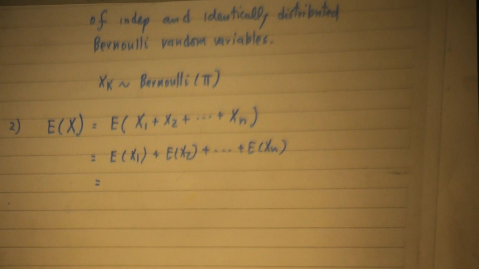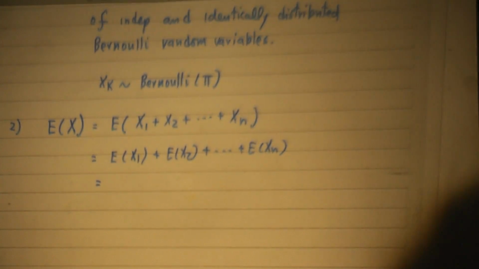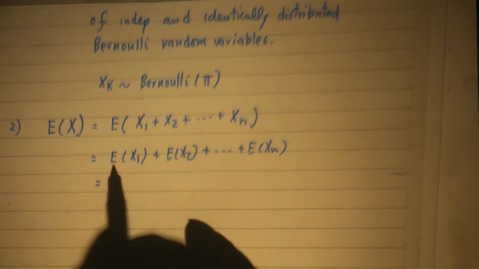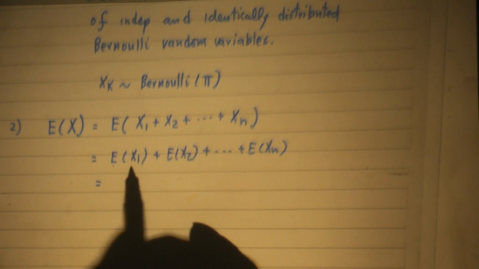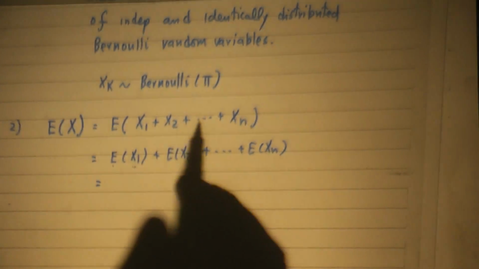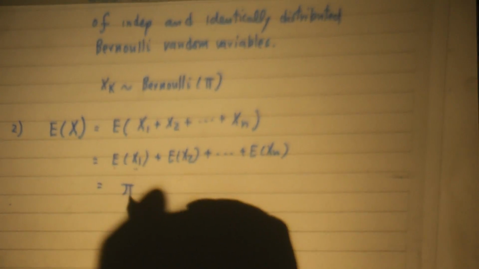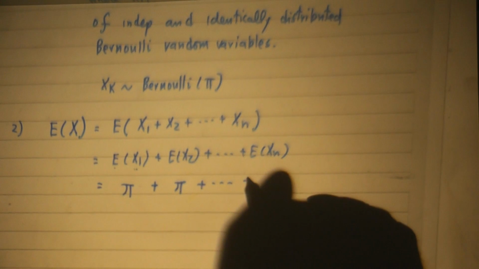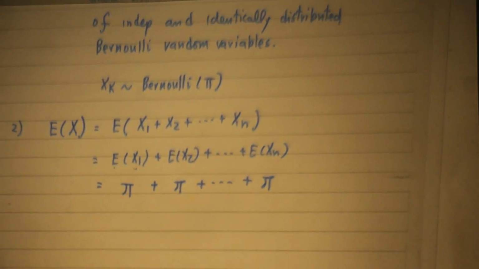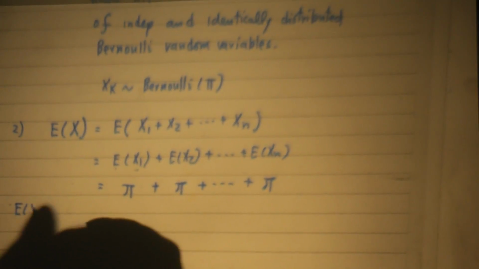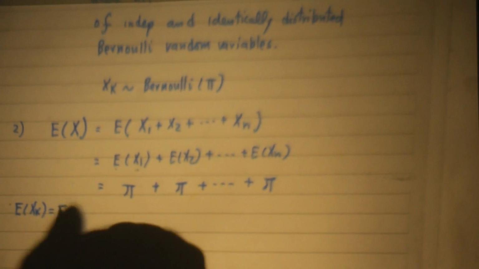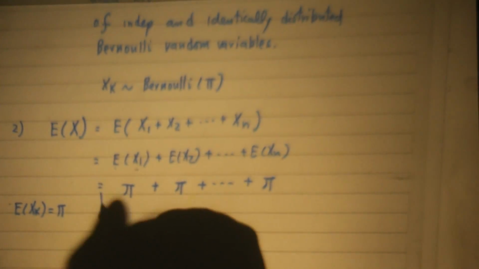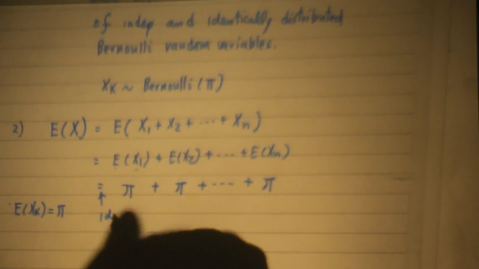But what is Ex, as I mentioned before? Recall, the expected value of a Bernoulli random variable is the probability of getting success. So this is pi. This one is still pi. And they are all equal to pi. Okay? Exk is pi. And why are they all equal to pi? Because they are identical.